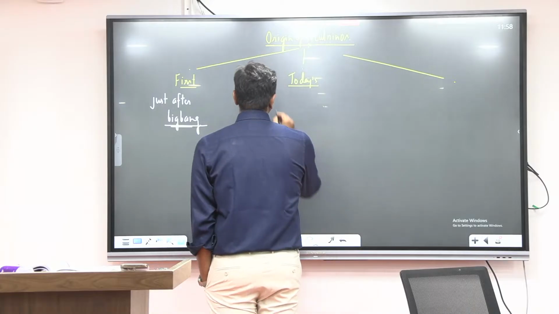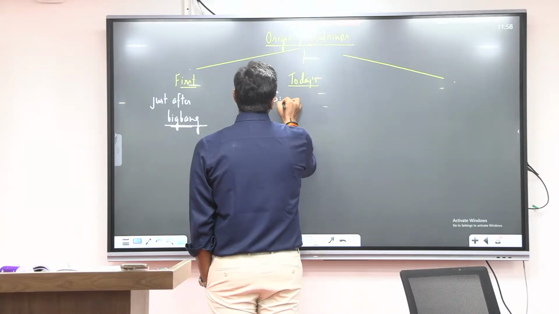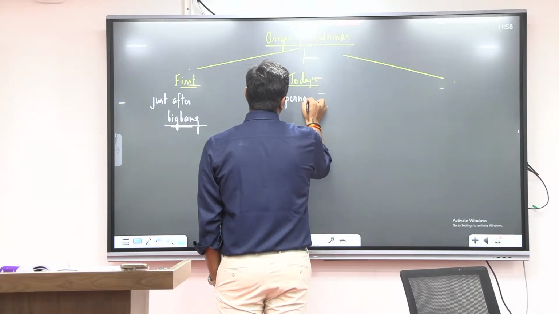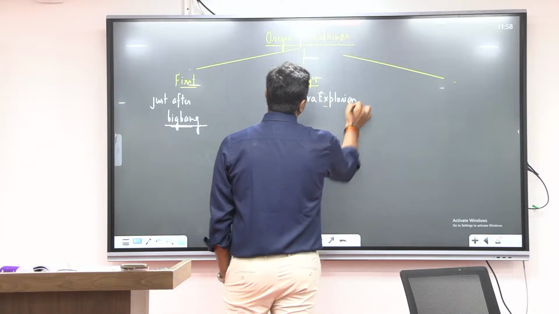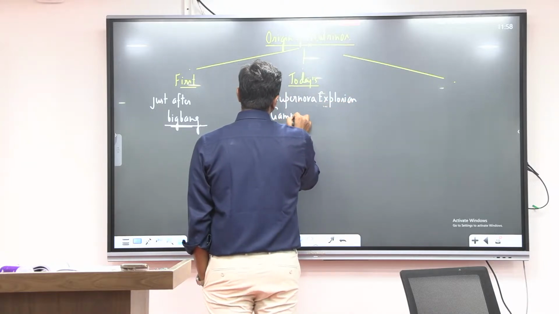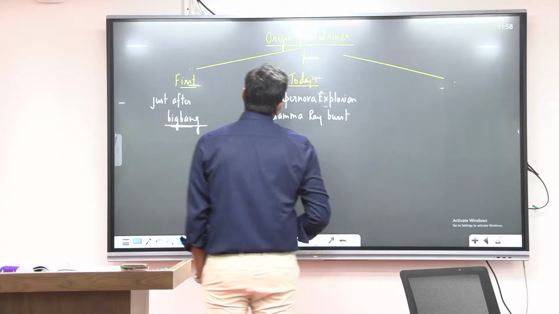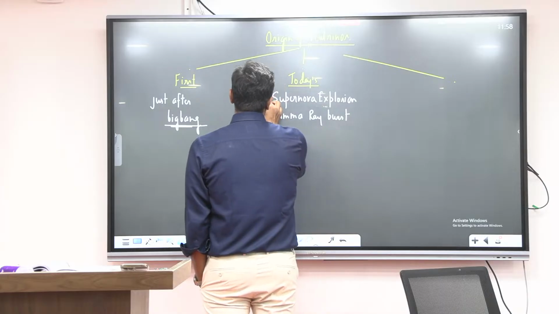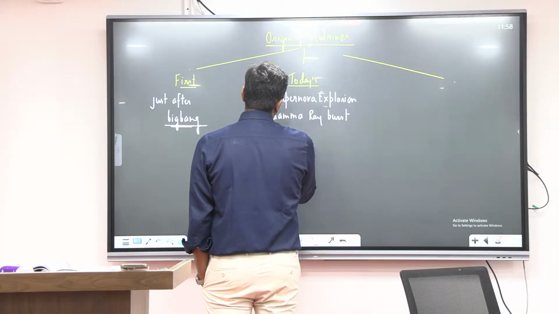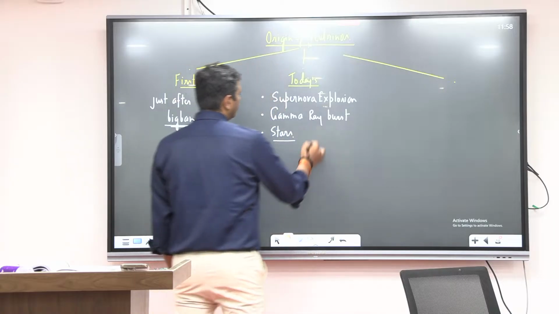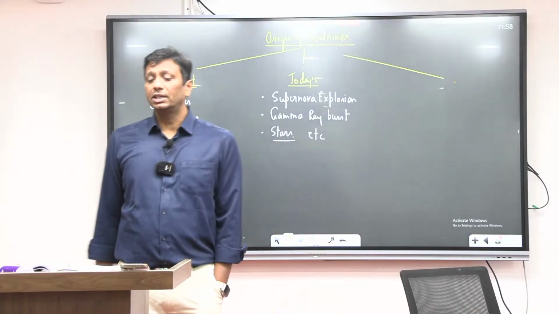Today's origin of neutrinos: supernova explosion, gamma ray burst, stars, etc. Stars are also a reason behind the generation of neutrinos.